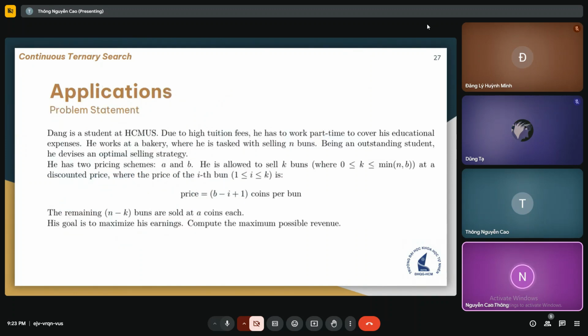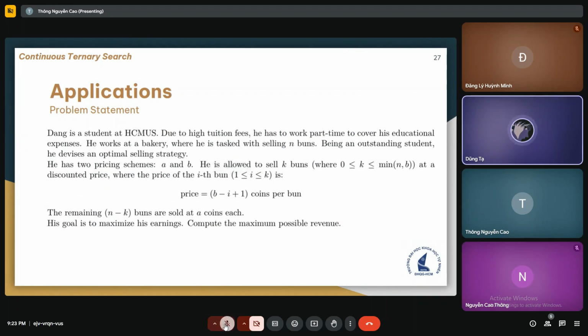So the next part will be the applications and the improvements of ternary search. So let's now move on to the application of ternary search. Ternary search is widely used in optimization problems involving a function with a single extremum, especially in competitive programming. Let's go through a sample problem.